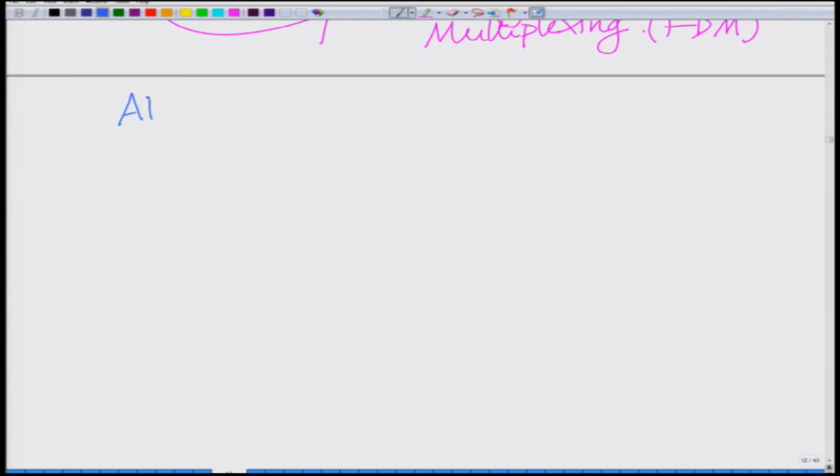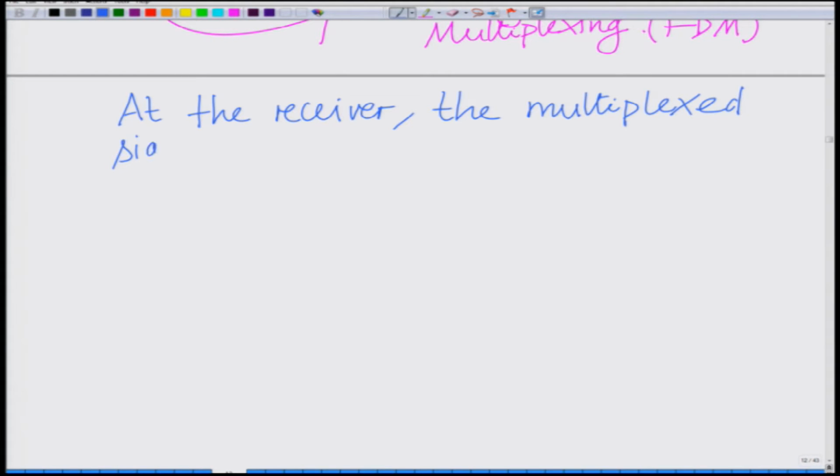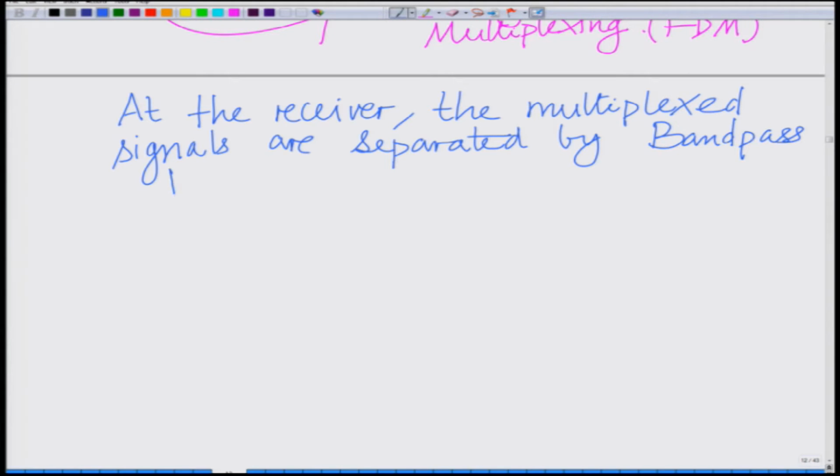So, at the receiver, the multiplexed signals are separated by band pass filters, correct. So, what are we doing?